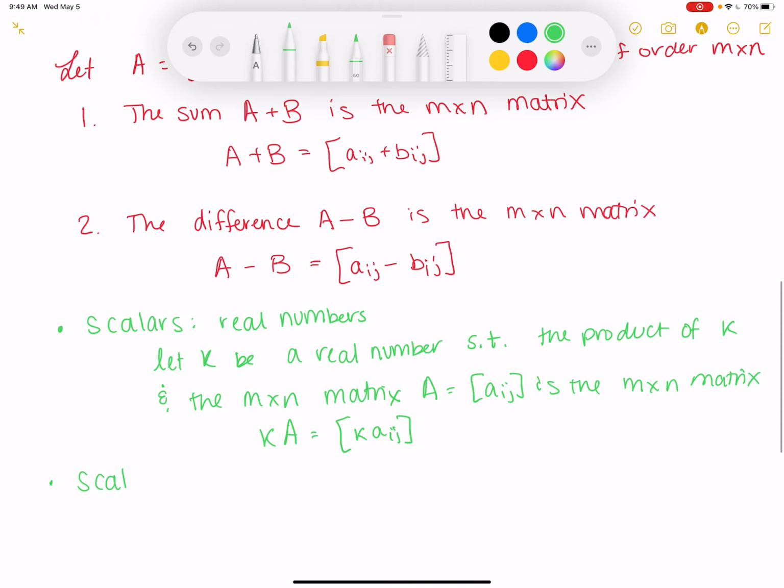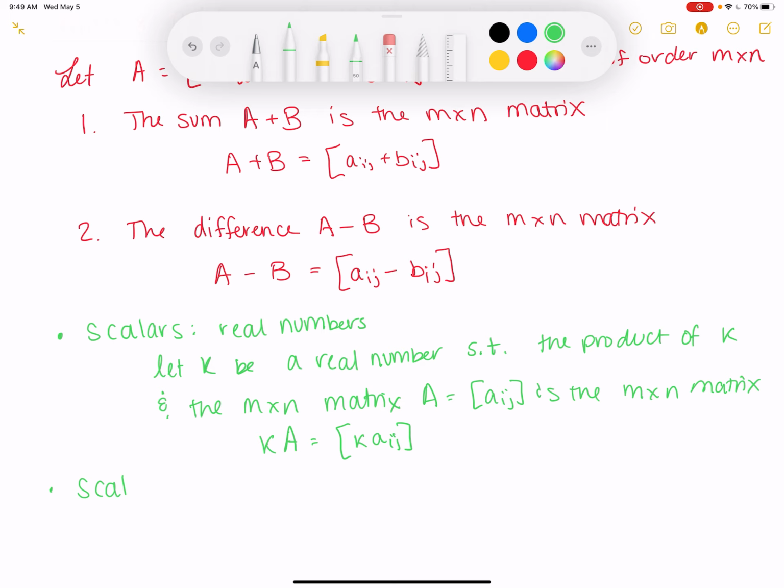Is that far enough? Yeah. Okay. The scalar multiple of A is the matrix K times A equal to K times A sub ij.